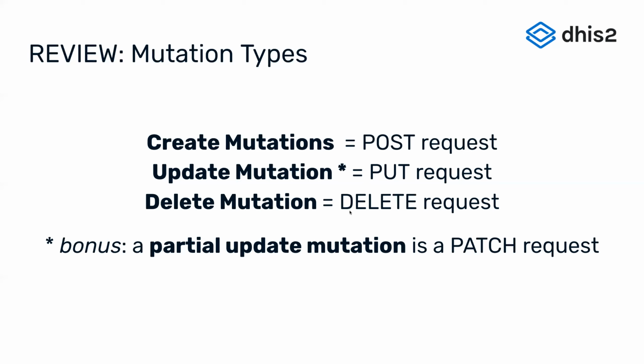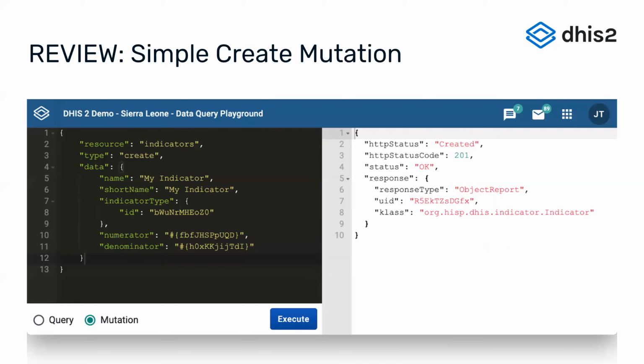Delete mutation does what it says. It deletes the object that you pointed at. Here's an example of a mutation. In this case, we're going to create a new indicator. So we specify the resource is indicator, or indicators. The type is a create mutation. And then we pass it some data, which is what is used to actually create that indicator.